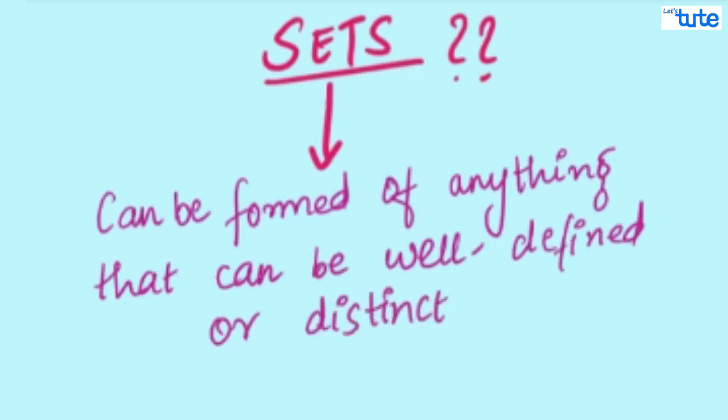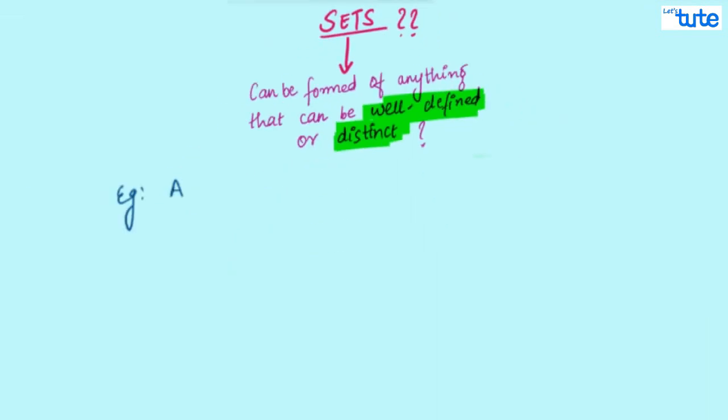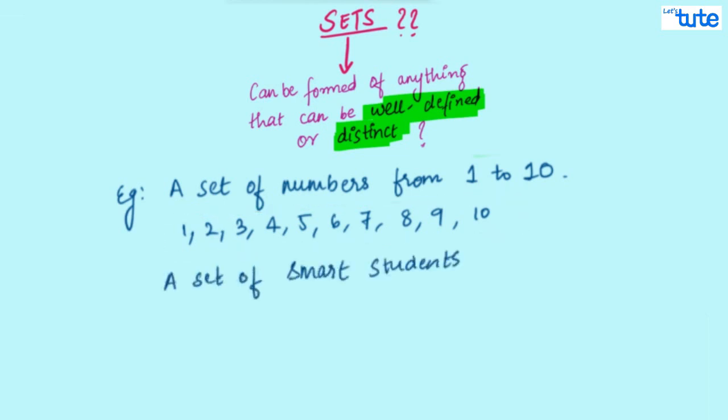Now, let's see what we mean by well defined or distinct. Let's take an example. A set of numbers from 1 to 10. Now this is well defined. You can list all these numbers also, right? So this can be a set. Let's consider another example. A set of smart students or a set of generous people.